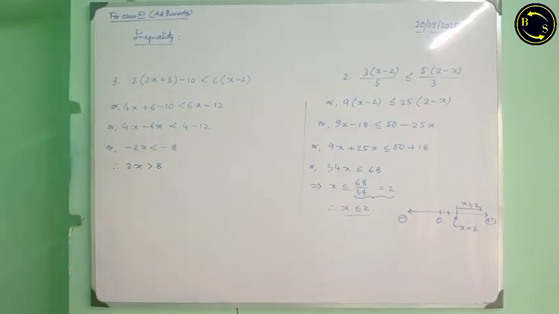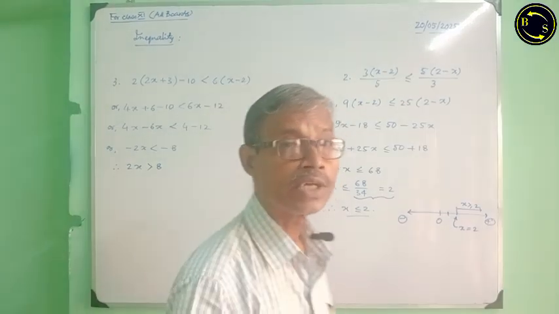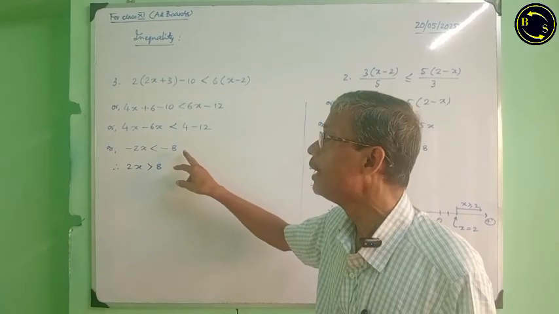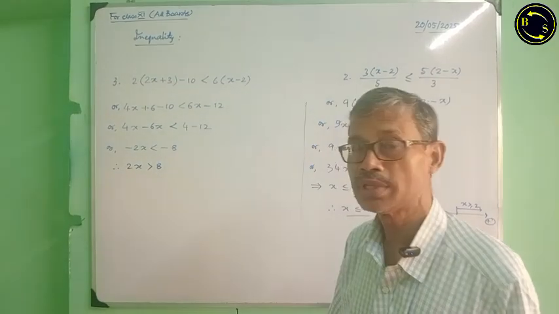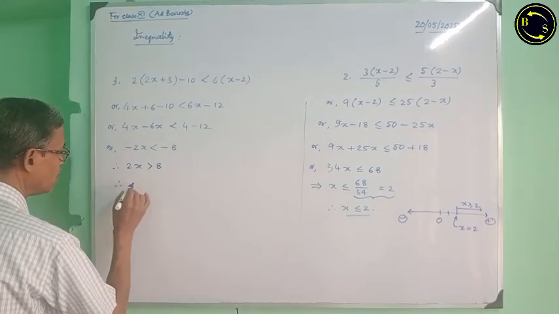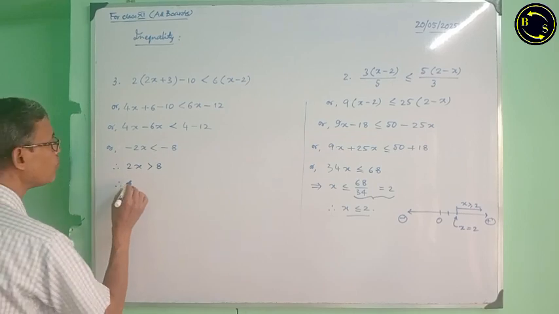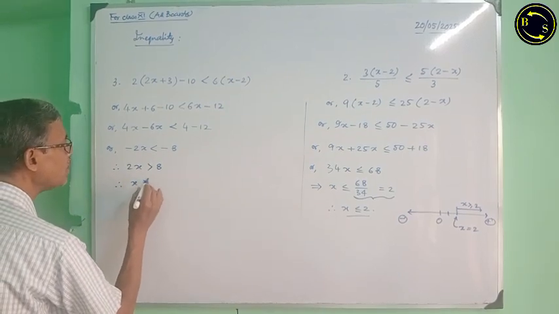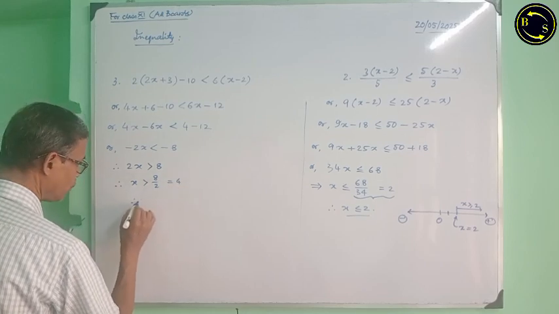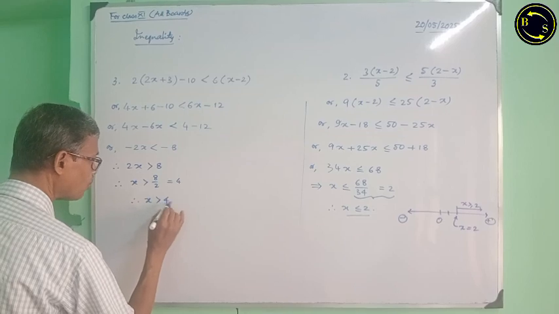This is to be noted carefully. We see students make errors in this step. Therefore, we divide both sides by 2. Therefore, x greater than 8 by 2, that is equal to 4. Therefore, x greater than 4.